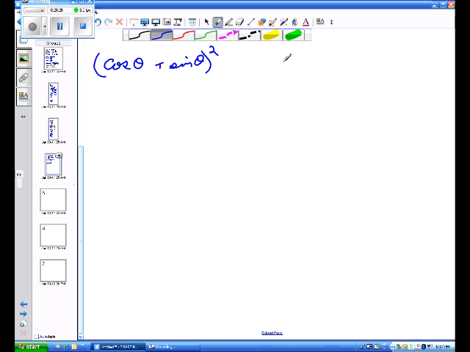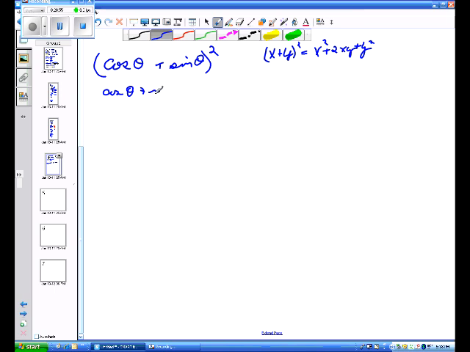Some of you learned a property that when you square a binomial, x plus y squared, that was the first term squared, then the same sign, and twice that product, plus the last term squared. And if you did, that's fine to do. That will still apply here. If you didn't learn that pattern, then all you have to do is write it down twice.